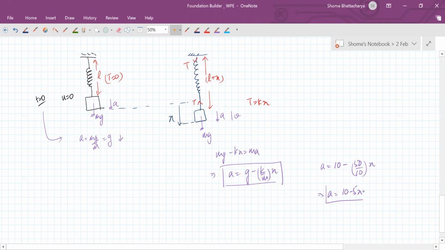Where x is in centimeters, so acceleration is in meters per second square, because this was 50 Newton per centimeter divided by 10 kg into x in centimeters. So the unit of this thing will become meters per second square. So this is the acceleration as a function of x, where x is in centimeters and acceleration is in meters per second square. So that's one thing.